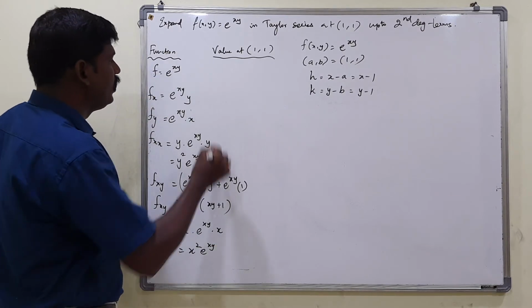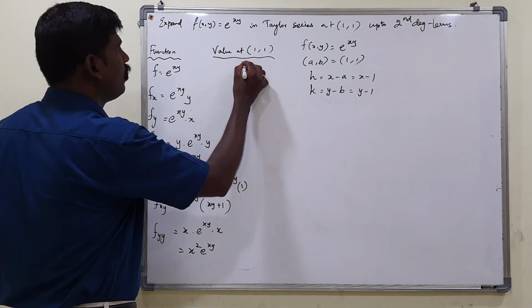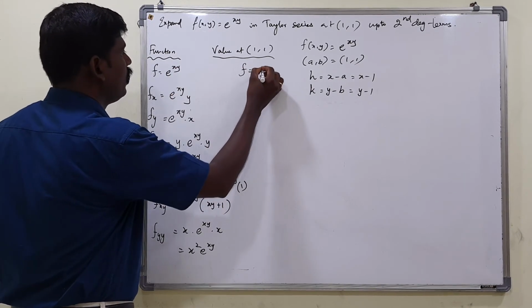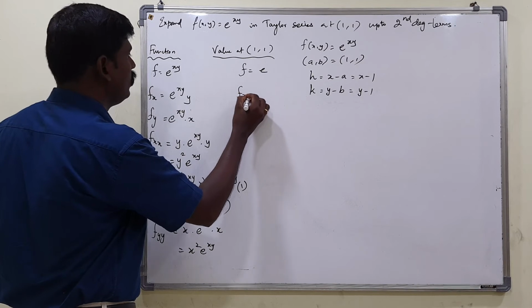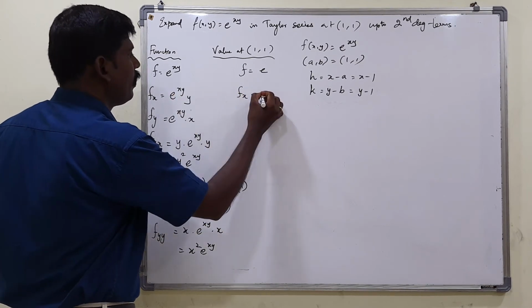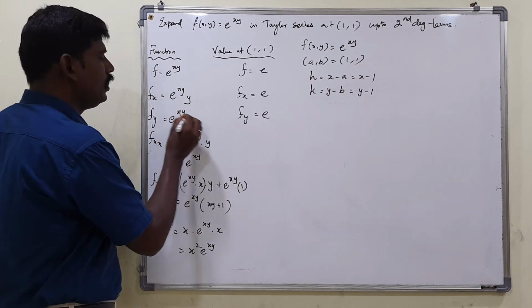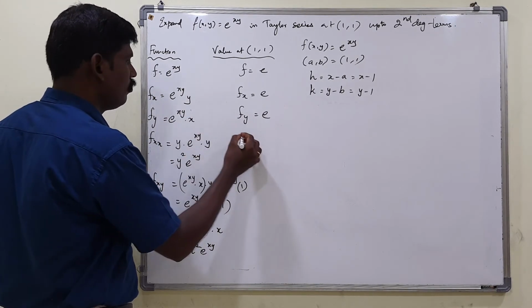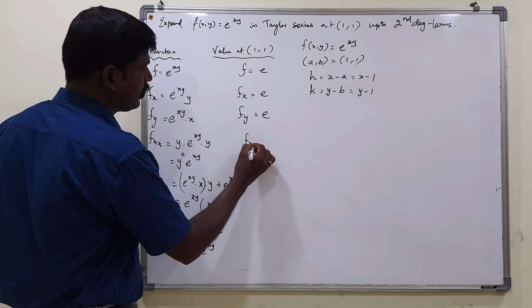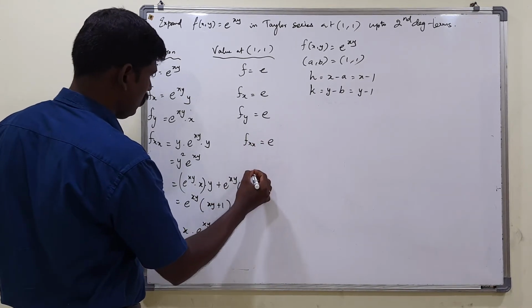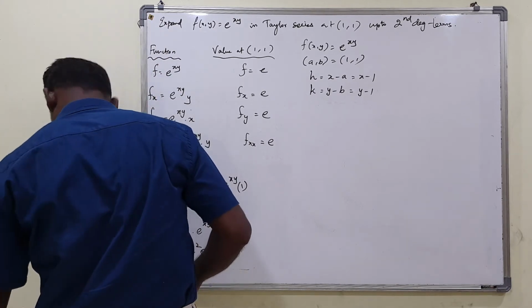Now let us find the value at 1 comma 1. So what is that value? 1 into 1, e power 1, that is e. So fx is also e, fy is also e. And then f double x is equal to e. Isn't it?